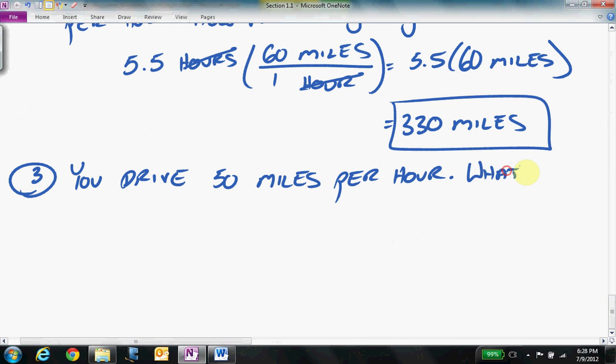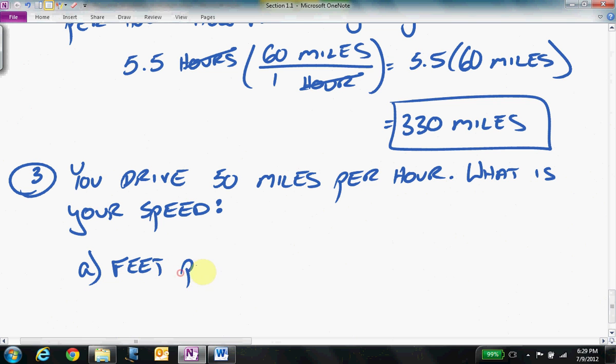And we want to find out your speed. So what is your speed? And let's first look at the scenario if speed is going to be feet per hour.